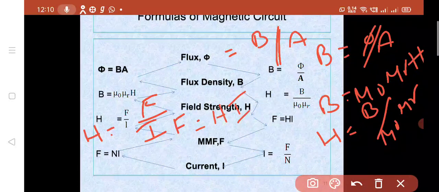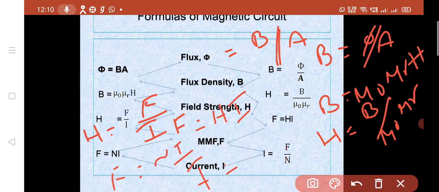Next, MMF, magnetomotive force: F is equal to N I. So now I is equal to F by N. These are the magnetic circuit formulas.